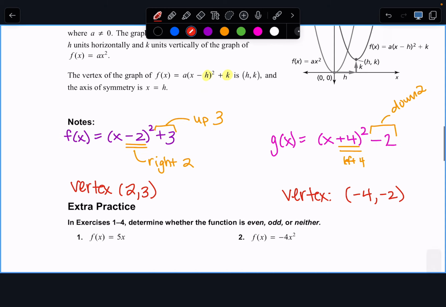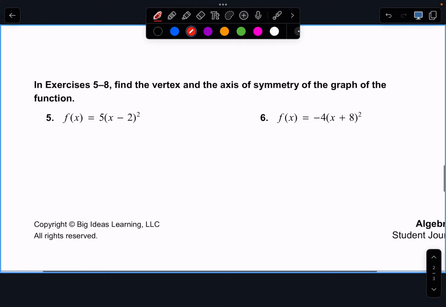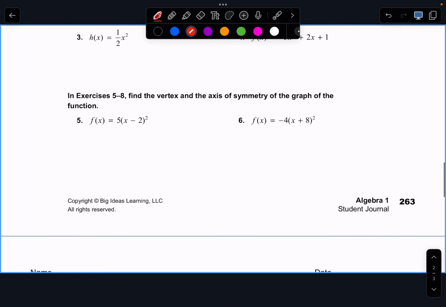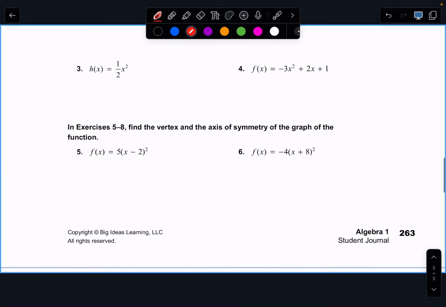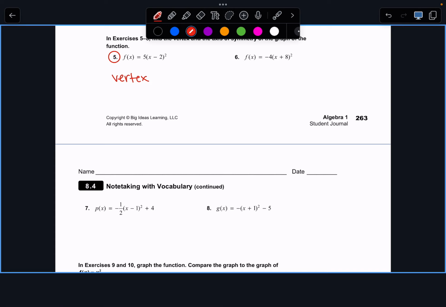Okay. All right, so down at the bottom of the page, I would like you, is this like the bottom? Dang it. Okay, so on the bottom of this page, I want you to give me the vertex and the shape of number 5. And then I want you to turn the page and give me the vertex and the shape of number 7. Okay.